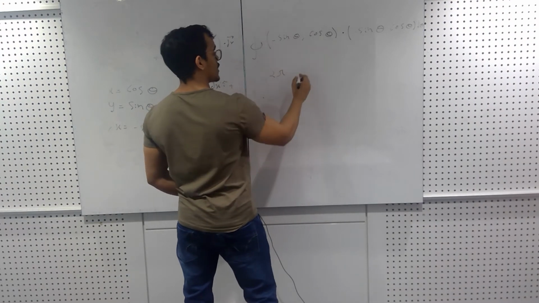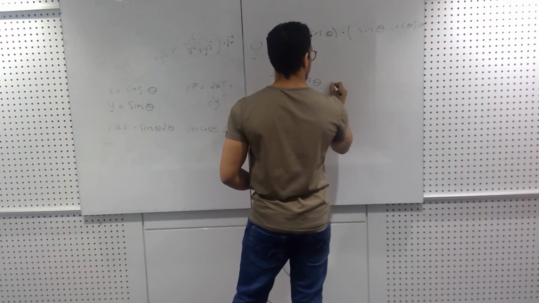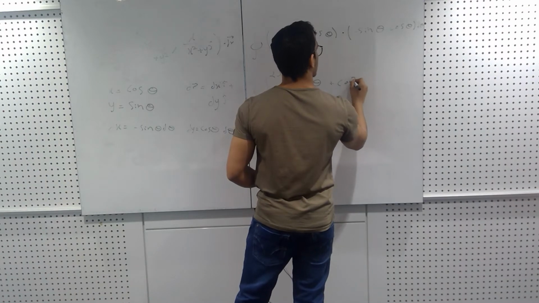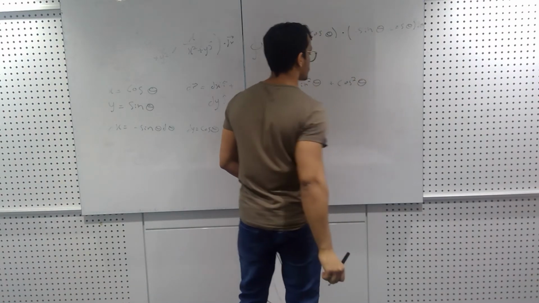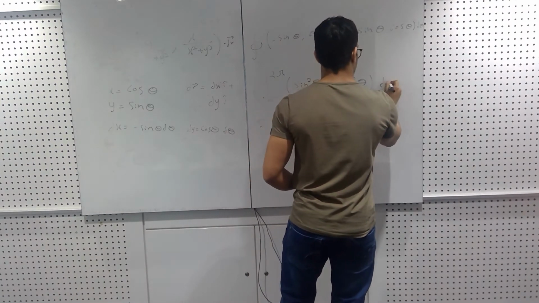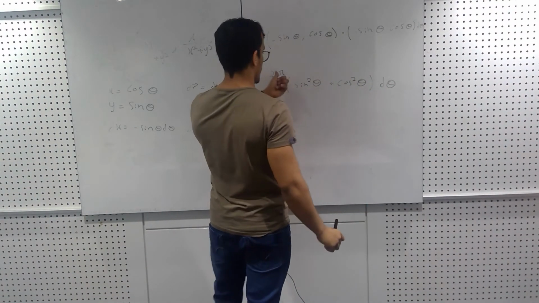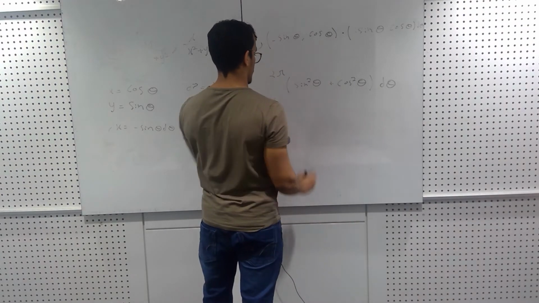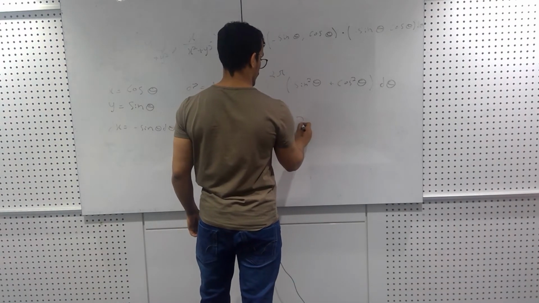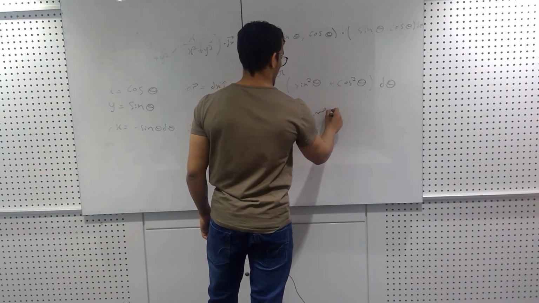Sine of theta times sine of theta gives sine squared of theta plus cosine squared of theta, times d theta, and sine squared plus cosine squared equals 1. We evaluate 1 from 0 to 2 pi, so the overall answer will be 2 pi radians.